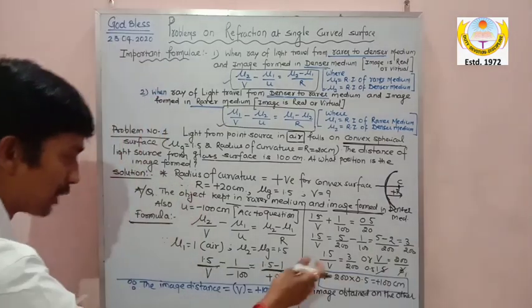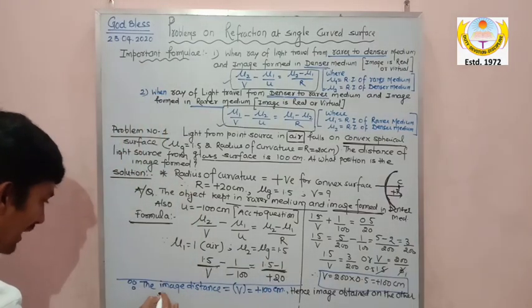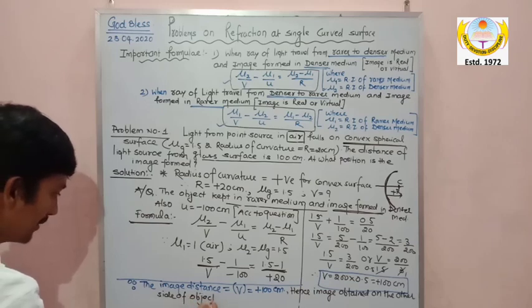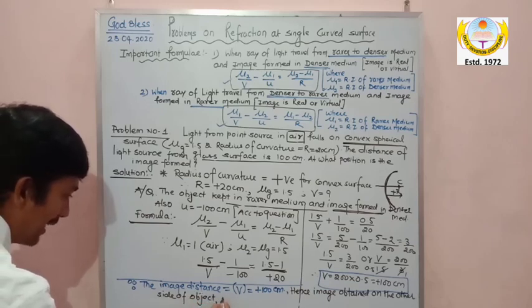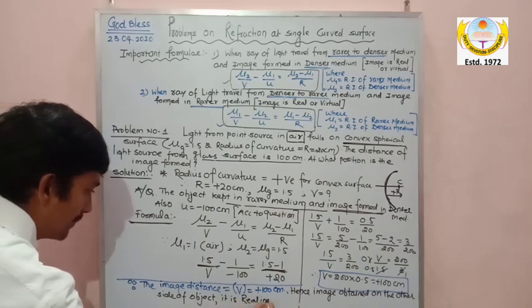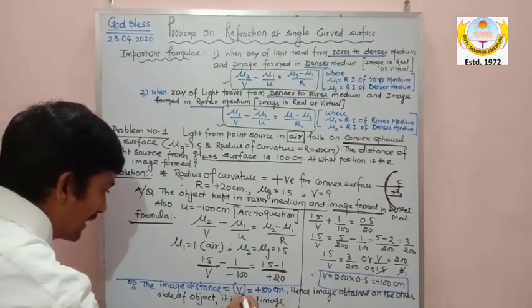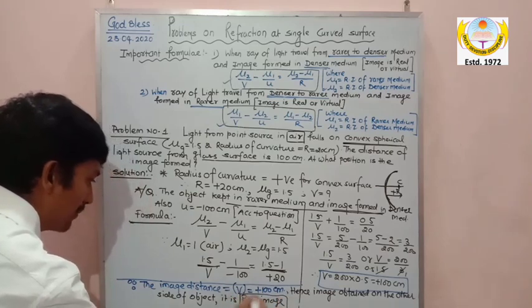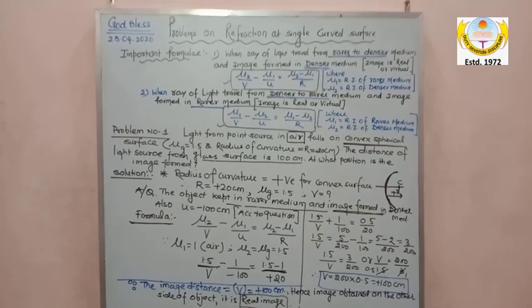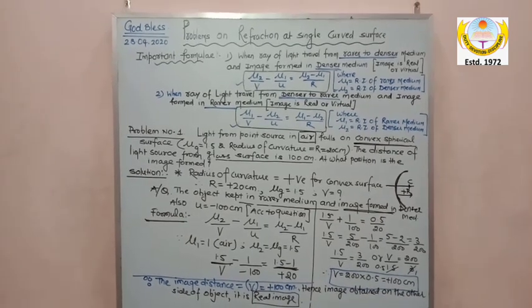So the image is obtained on the other side of the object, it is a real image. Take care of this, my dear. This is a very important concept which I am giving you.